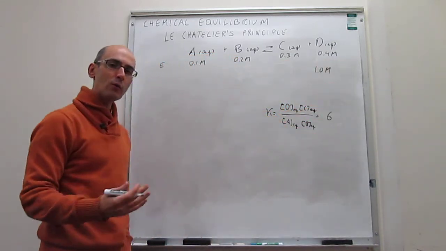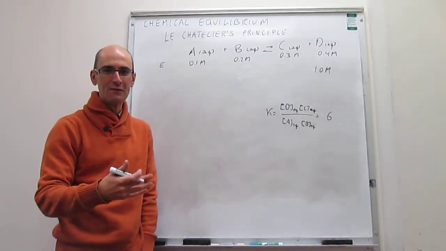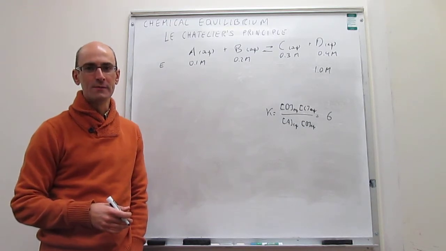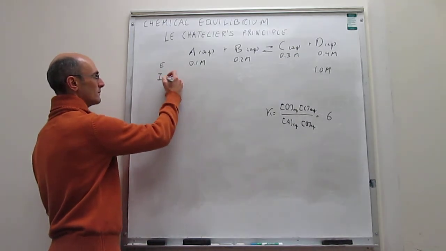Now we can carry out the calculation and see if our equilibrium calculations bear out Le Chatelier's prediction. My initial concentrations will be 0.1 molar.